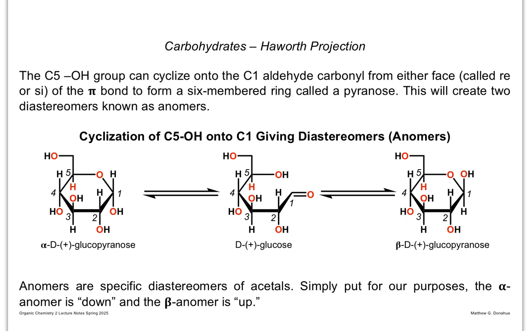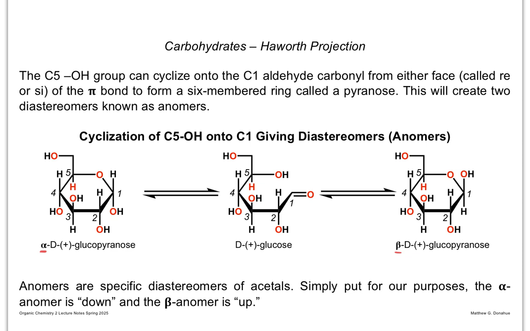So from our glucose in the center, depending on which face that alcohol attacks, the resulting OH group can go down, that's called the alpha, or it can go up, that's called the beta. So these things are epimeric. The ring structures are epimeric at carbon 1.